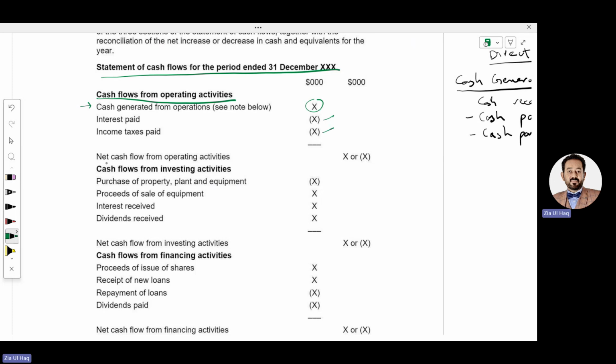We will arrive at net cash flow from operating activities, A. Then we will calculate cash flow from investing activities and arrive at net cash flow from investing activities.